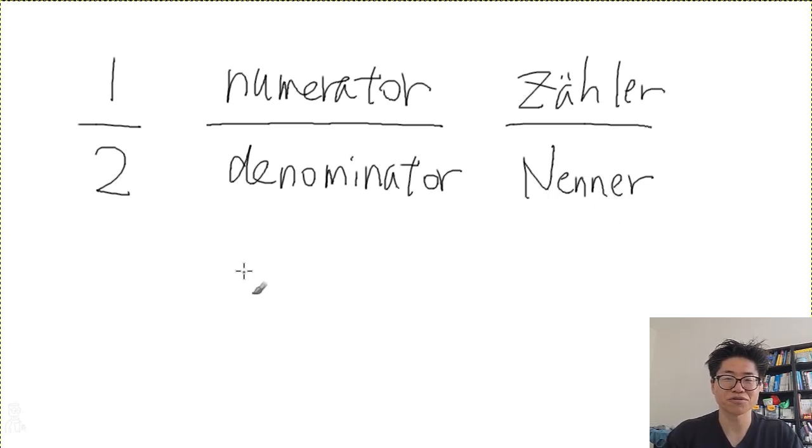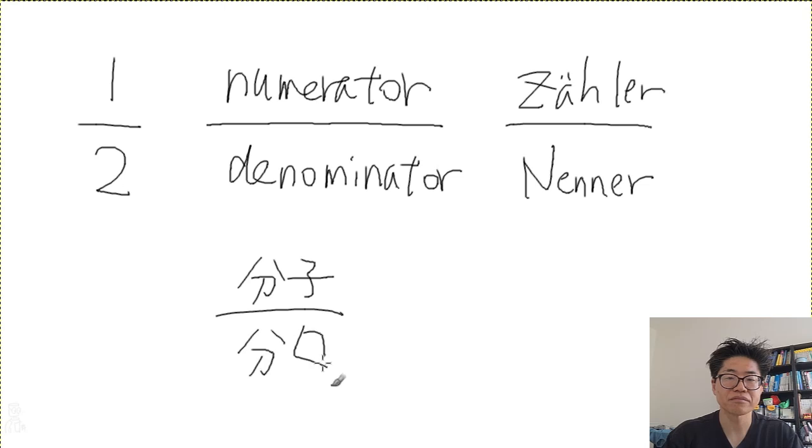If you're just curious, in Japanese, the upper number is bunshi, and the lower number is called bunbo. The meaning is: here is a mother, here is a child. Fraction mother, fraction child. Just a name.